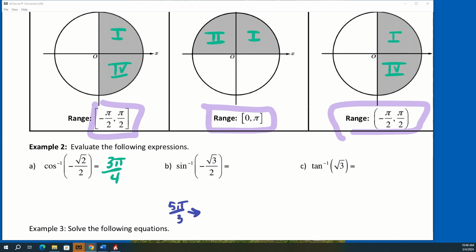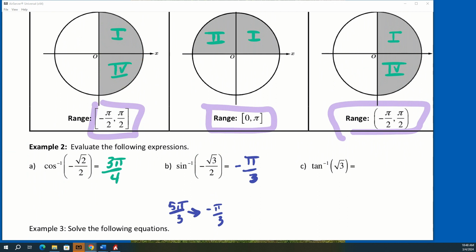All right, so 5 pi over 3 does not fall between these two angles. So all you have to do is look at the denominator, and it's negative pi over 3. They're called coterminal angles. They have the same sine. So this angle and this angle both have this sine. Different angles, same sine.